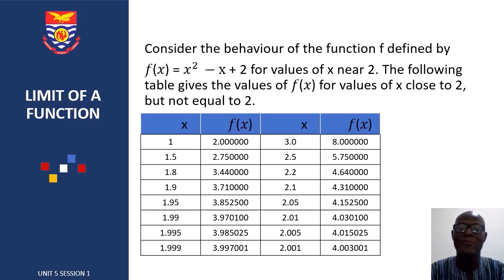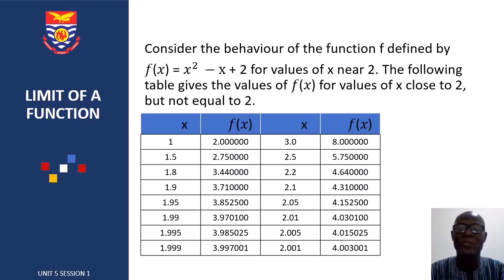And we observe that as x is approaching 2 from both sides, the function f of x tends to be close to 4. That is, when x approaches 2 from the left, that is 1.999, the function f of x gives 3.997001.